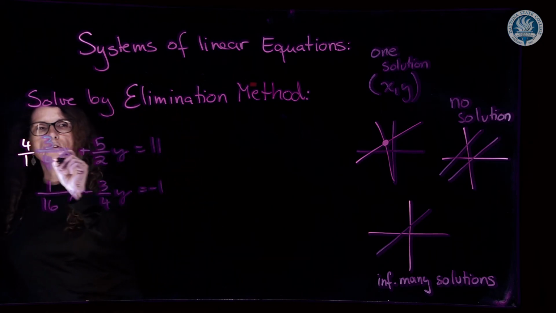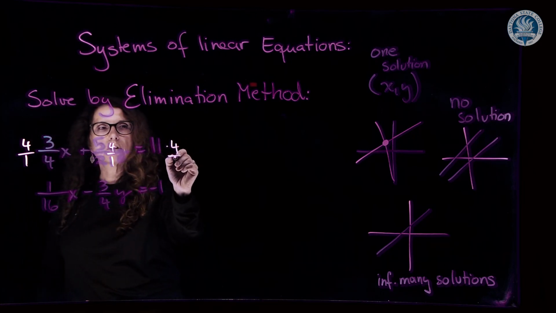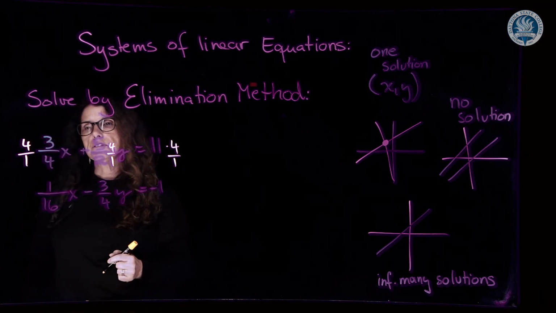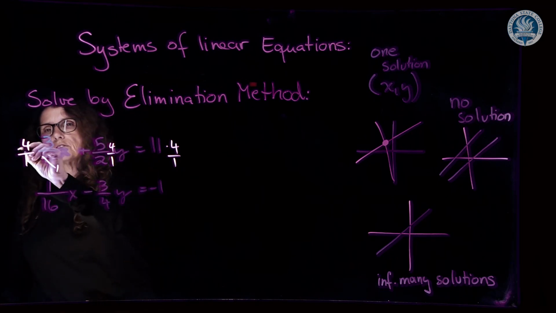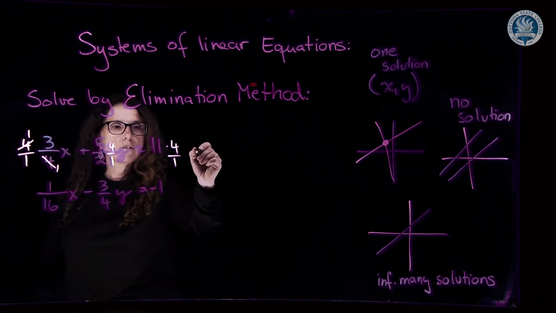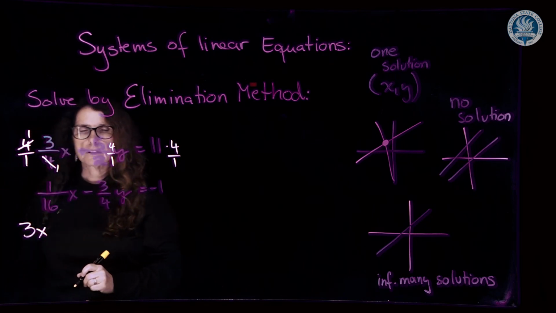I'm going to write 4 over 1 so you know how to reduce this the proper way. Why do we do this? To clear the denominator. 4 goes into 4 one times, which leaves me with, let me write it down here, 3x.